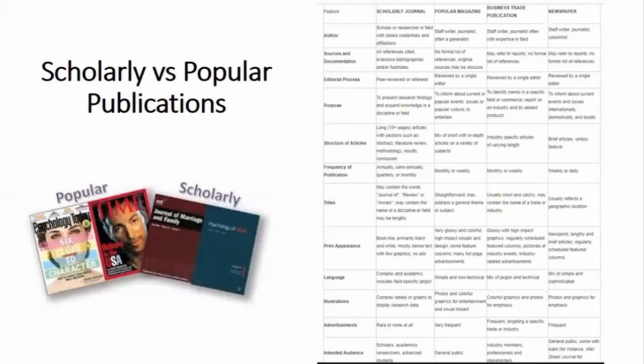Articles have reference lists, whereas a popular publication can be in-depth and have information, but typically has lots of pictures, no references, and they're usually for sale in stores, whereas academic journals tend not to be.